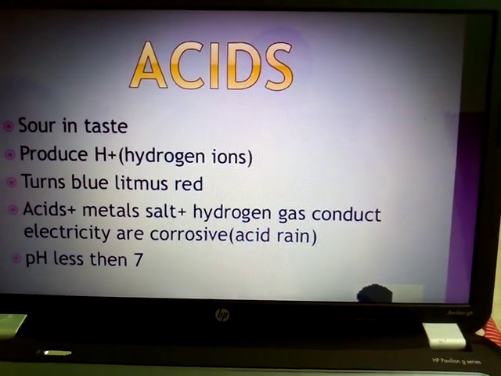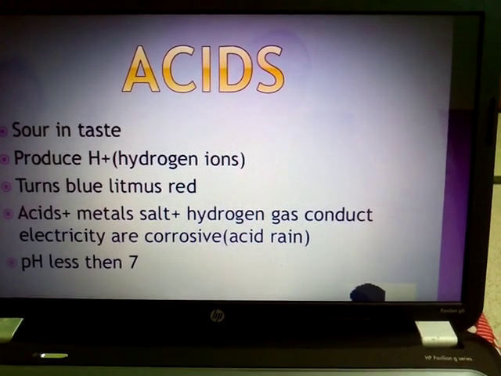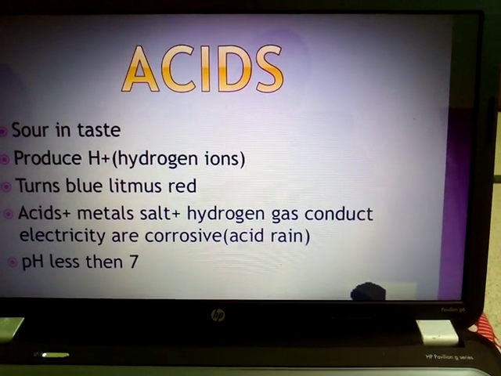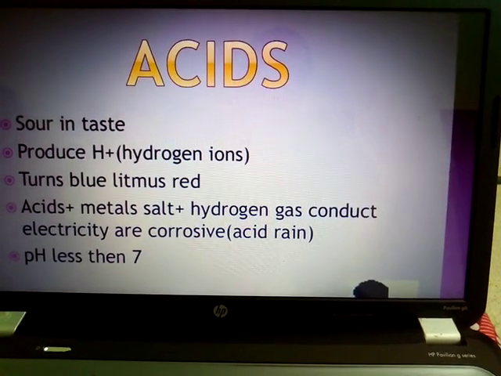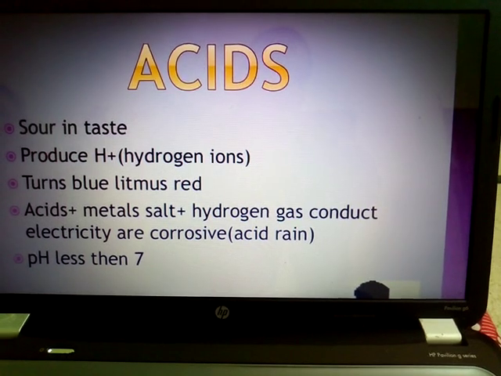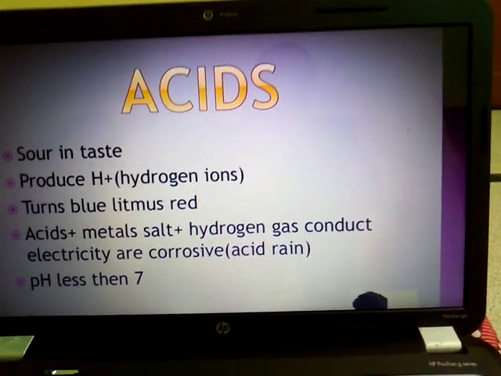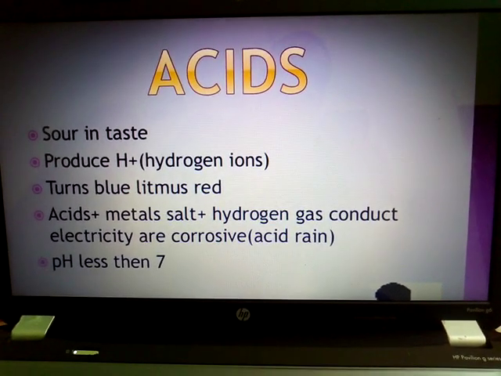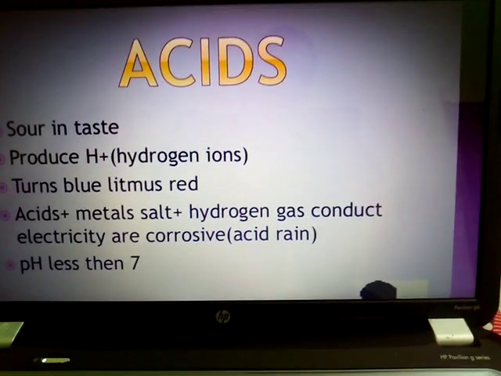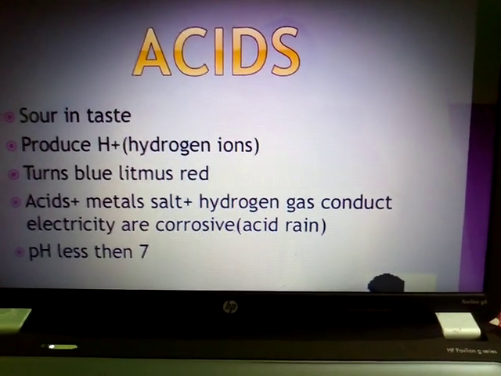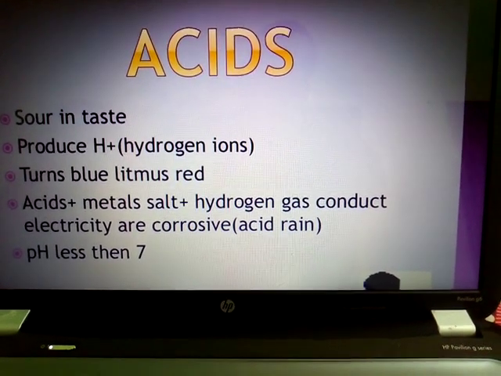And the pH of an acid is less than 7. We have the pH range from 1 to 14. So 7 is the level where 1 to 7 is acid, and from 7 and above is base. So the measure of an acid on the pH scale is less than 7.